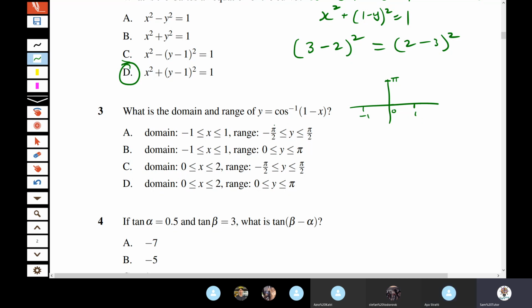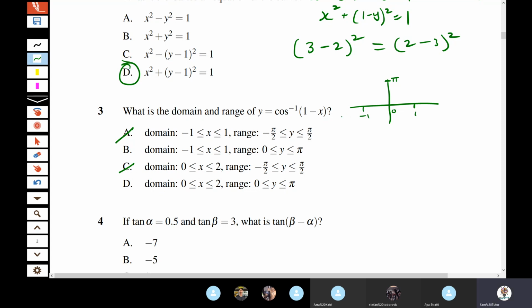Good. So your range hasn't changed, has it? Because there's nothing that's multiplied here. So you know it's not C, and you know it's not A. Do you agree with that?